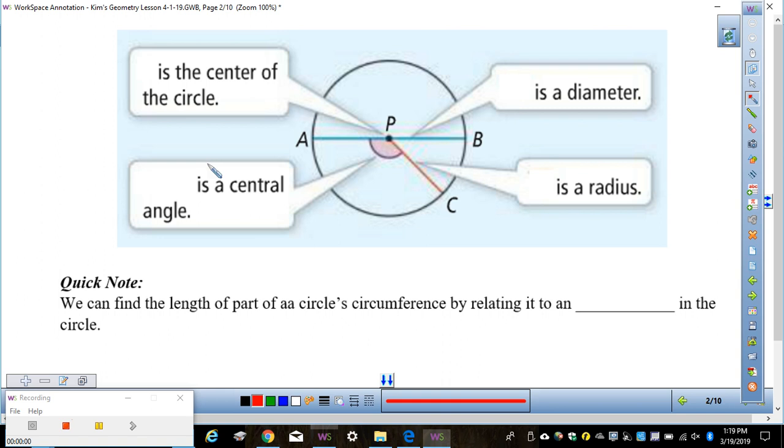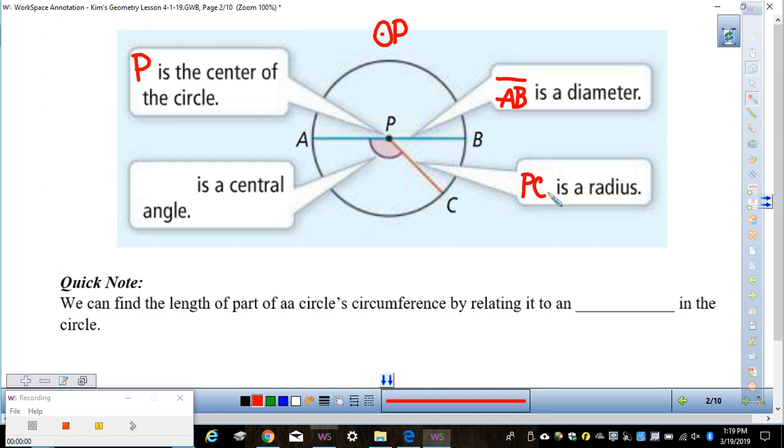So in this circle, which we would call circle P, if you want to make a note of that, P is the center. Let's go ahead and label that up here in the upper left. P is the center of the circle. AB, or you could call this segment BA, with a little segment notation above it, is the diameter.